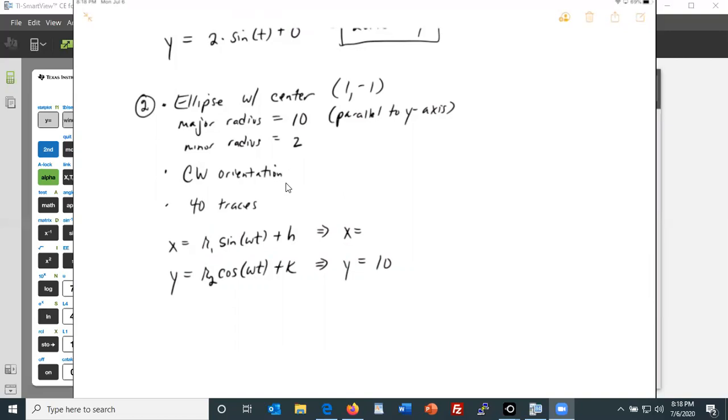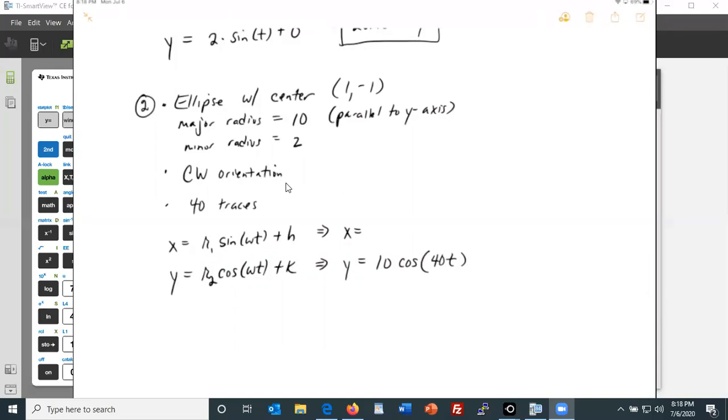Since this ellipse has a major radius parallel to the y-axis, that radius of 10 would go in the second equation with y, times the cosine of 40t. Remember that number there, w, is the number of times the ellipse gets traced. So you get cosine of 40t plus k.